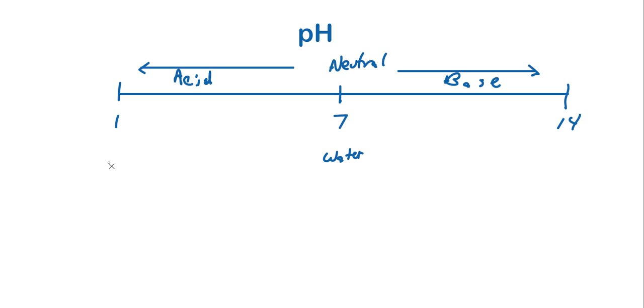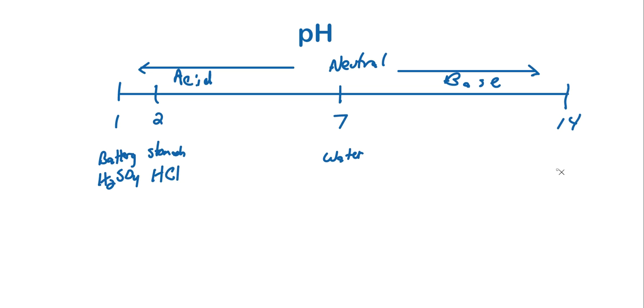Some of the strongest acids: battery acid. I believe battery acid is sulfuric acid, H2SO4, right around 1. Your stomach acid is a very strong acid. Hydrochloric acid, HCl, is stomach acid.